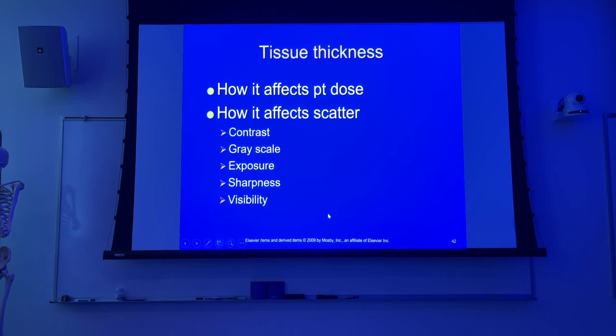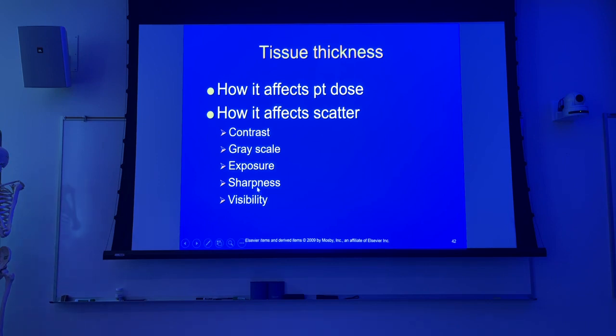It increases it. How does it affect the scatter? The difference in tissue thickness, contrast, maybe some. Grayscale, remember, is the opposite of contrast, but they go hand in hand. So if it doesn't really affect contrast all that much, it's not really going to affect grayscale. With the increase in tissue thickness, exposure is going to go down.